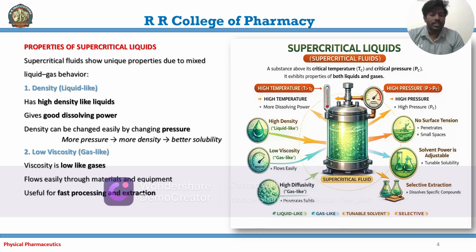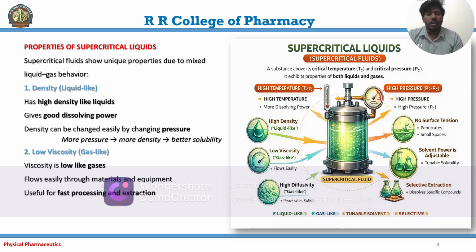Because of this high temperature, the molecules in the liquid phase gain kinetic energy, and due to that the viscosity of this liquid decreases and it acts like a gas.